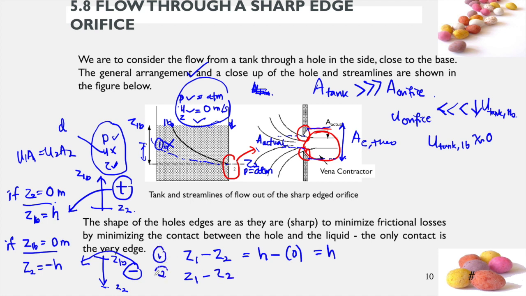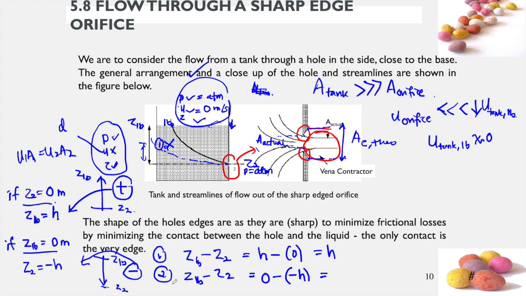Let's say I took option number 2, where z1b is my datum. So I will put 0 minus, my z2 is negative h. So you have to replace here with negative h.